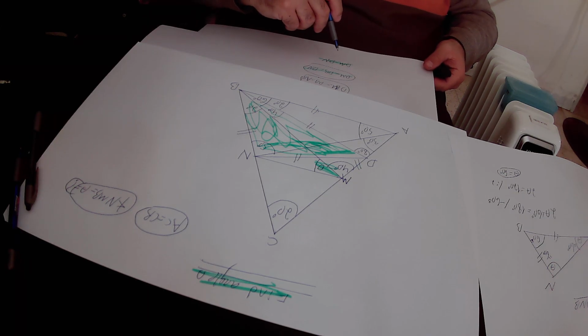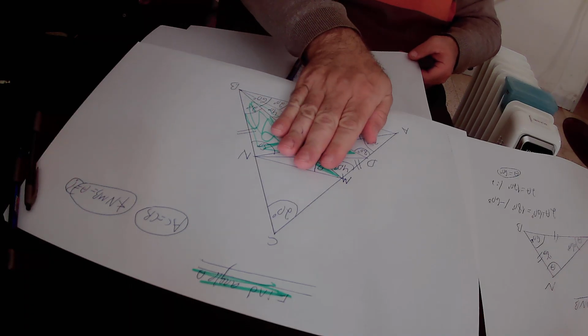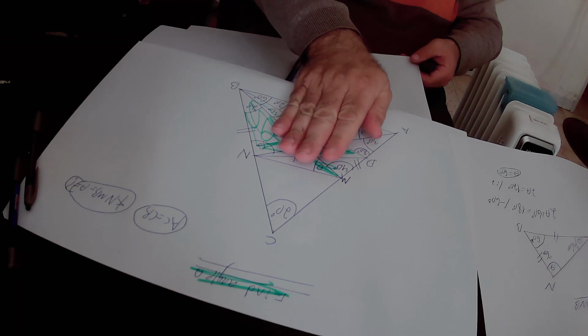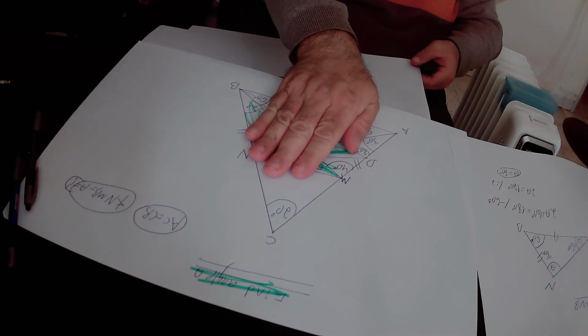We focus on this side of the straight line CA at point D. Which angles do we have on this side of CA at point D?